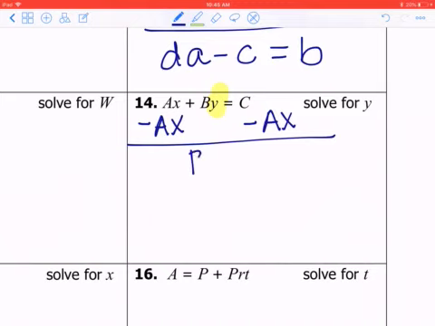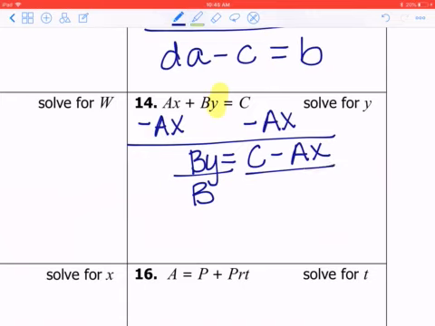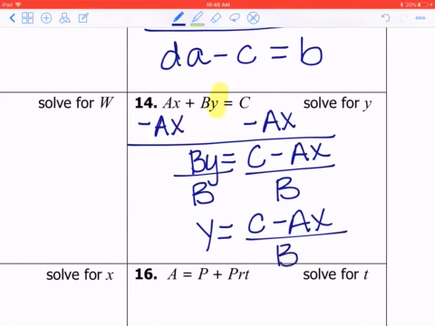Ax is canceled, so we're left with by equals, and again, c subtract ax, just rewrite it. We're solving for y, so you divide each side by b. And so y equals that whole problem, c minus ax all over b.